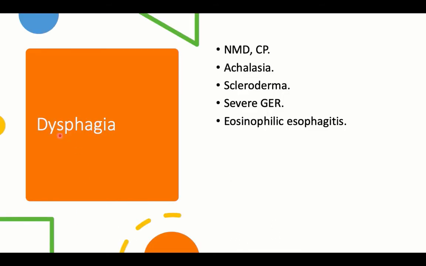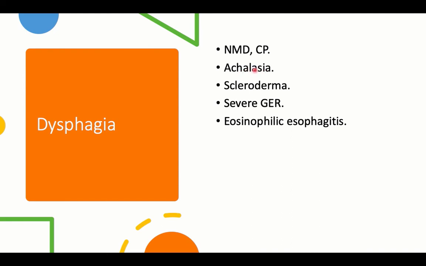So again, what's the differential diagnosis of dysphagia? When we have dysphagia in a child, you should think number one of neuromuscular disease, including cerebral palsy. Usually this is a common cause in childhood, with cerebral palsy associated with pseudobulbar palsy. Palsy of cranial nerves 9 and 10 will be associated with difficulty swallowing and dysphagia, associated with drooling of saliva and so on.